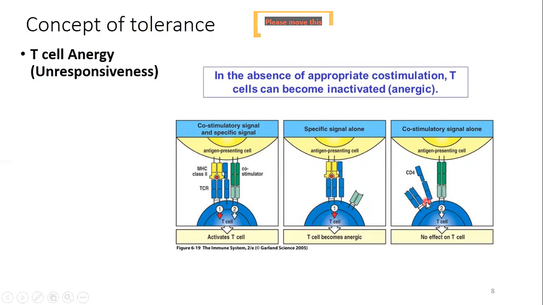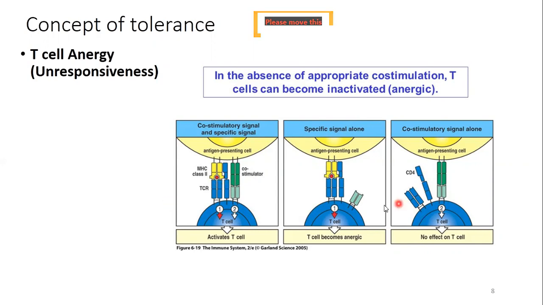Or in another case, there is a co-stimulatory molecule, but there is no engagement with the MHC, so there is no antigen presented on the antigen presenting cell. It has no effect on the T cell. However, when there is both MHC plus peptide with a co-stimulatory molecule, it leads to the activation of the T cell.